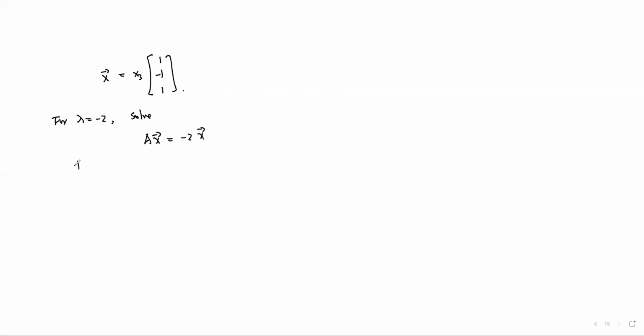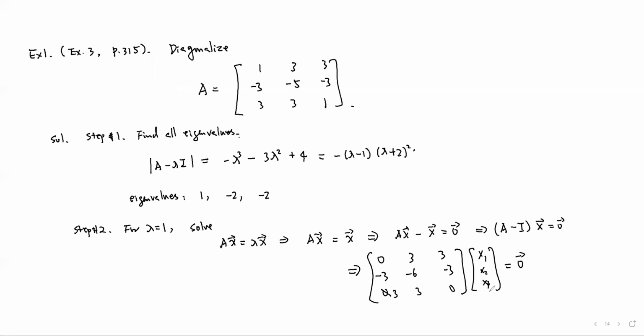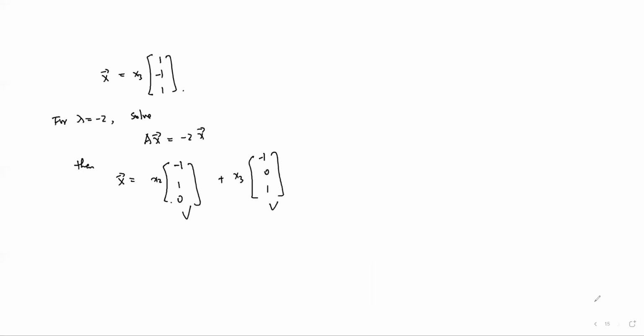Then the solution is, let me see, x2 and x3 are free variables, times the vectors. Actually, these vectors are eigenvectors. Now we have 3 linearly independent eigenvectors.